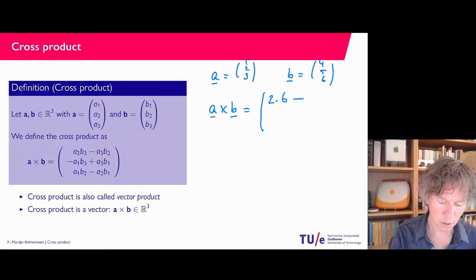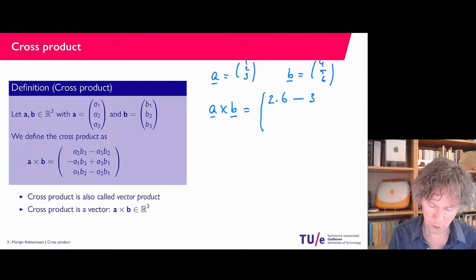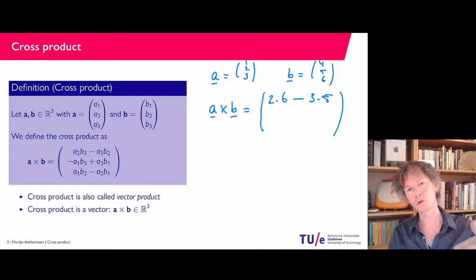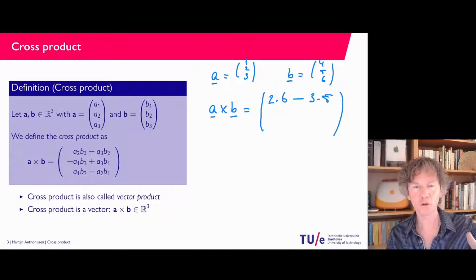So we get minus 3 times 5. So you see that for the first component of the cross product, we use not the first components of the A and B vectors, but the second and third components of the A and B vectors.